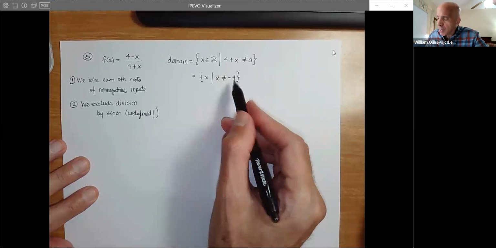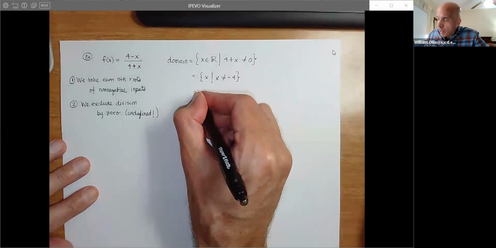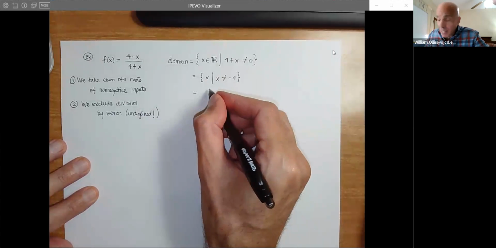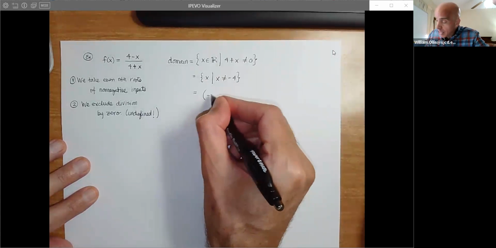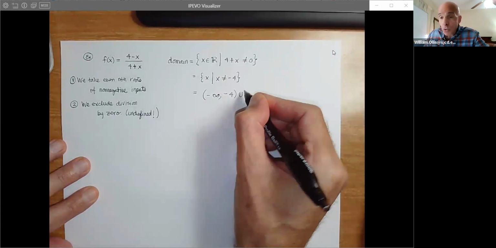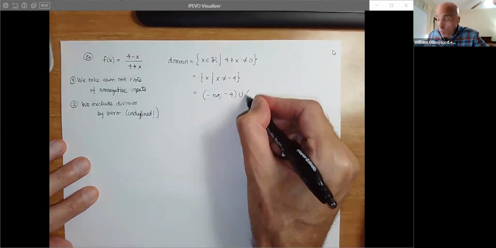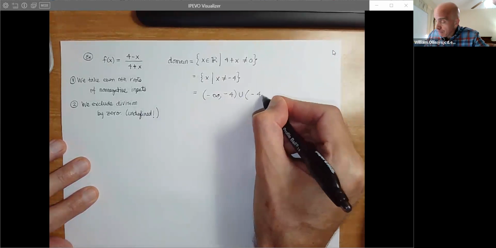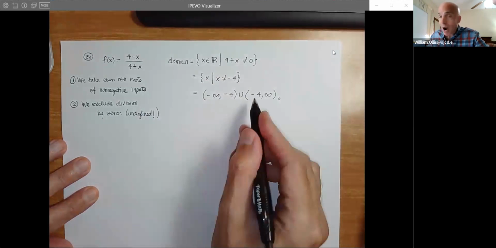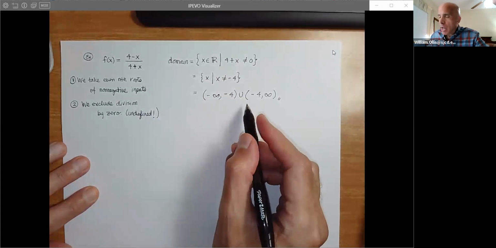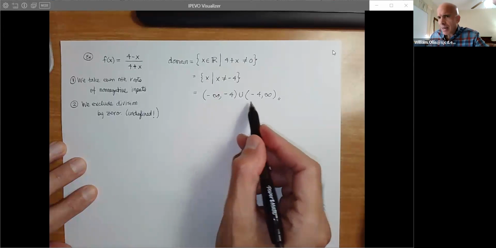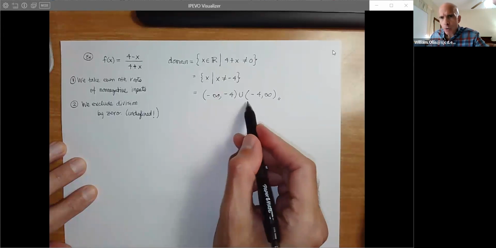So when you look at this, you're thinking, okay, remember, this is what you exclude. So now what do you include? Everything else, -infinity to -4, union what? -4 to infinity. So when it comes to writing domains, WebAssign will tend to like the interval notation.